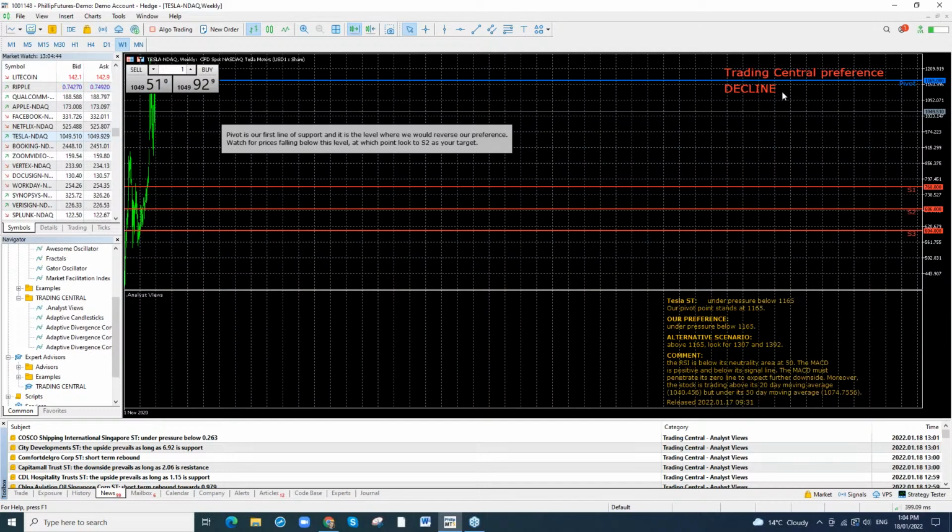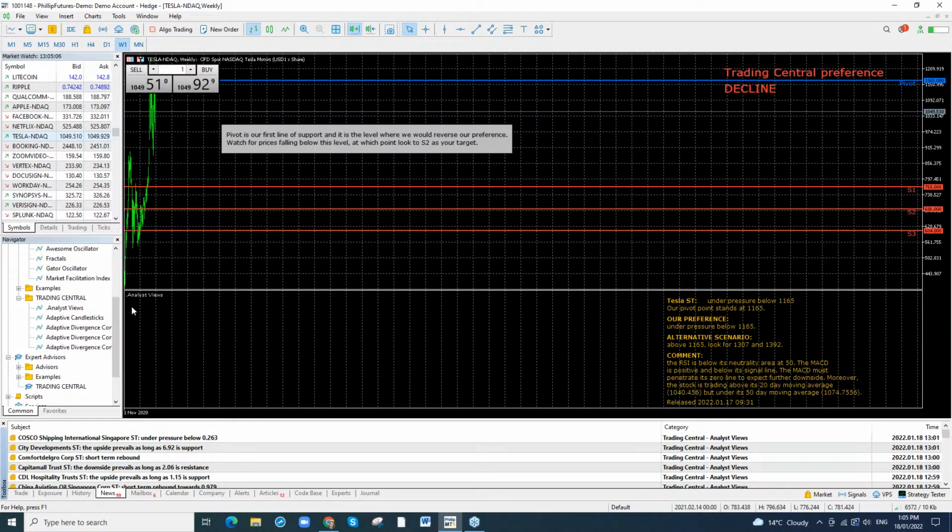Is it rising or declining? You also get a short description of our analyst preference, alternative scenario, and comment, where more indications regarding technical analysis are also included.